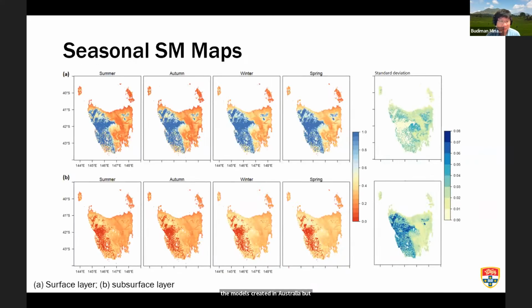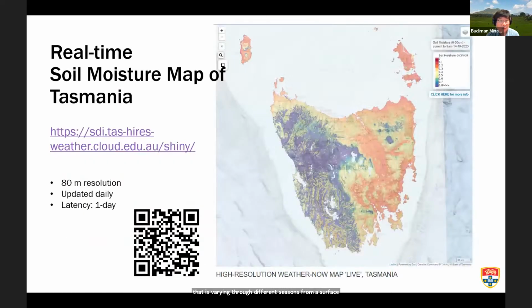So by doing that, we can have a map of soil moisture that shows how much water is in the soil, varying through different seasons from the surface to the subsurface layer. And it's also available live. That means every day the farmers can log in and see the condition of not just the rainfall, but the water content of the soil.